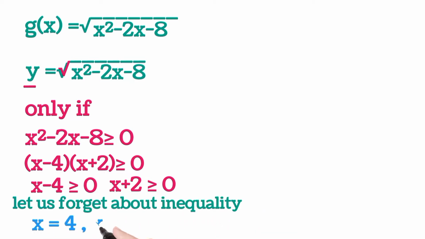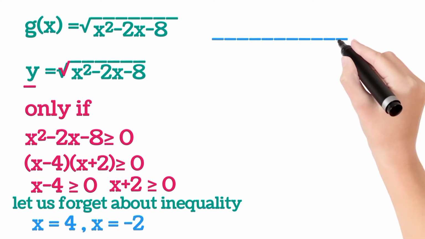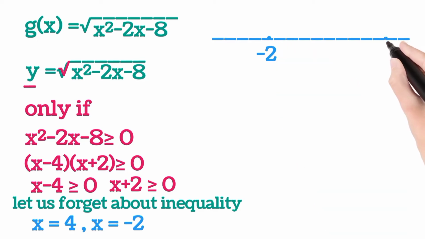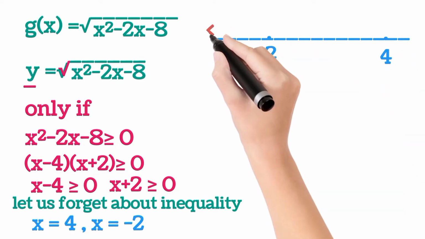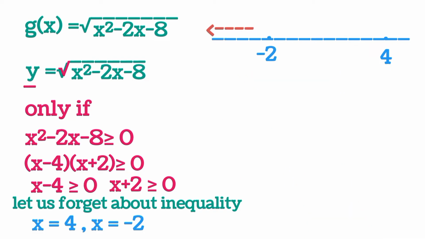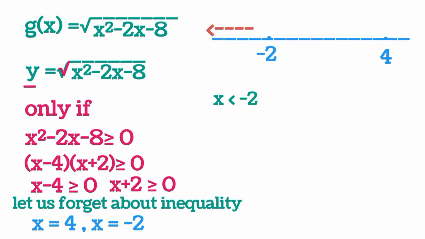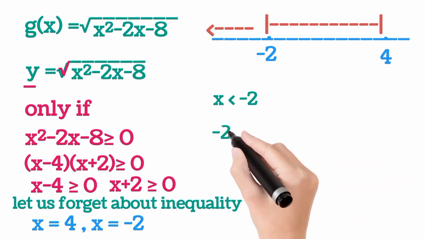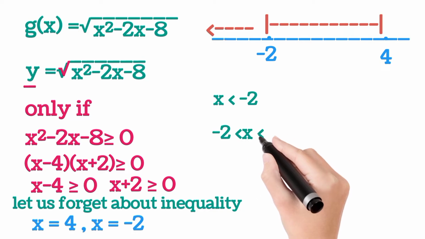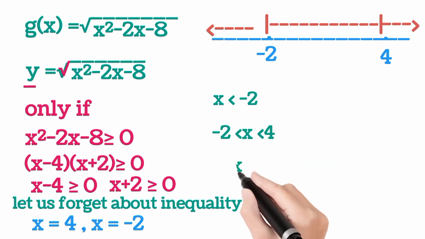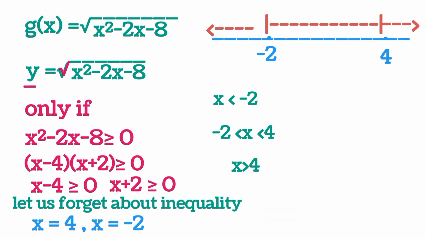So let us take 2 points, x = 4 and x = −2. On the number line, this is the point −2 and this is the point 4. Now this section is x < −2, this section is x > −2 but less than 4, and this section is x > 4.